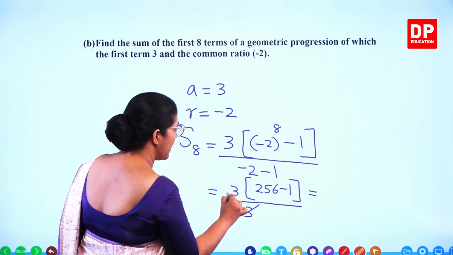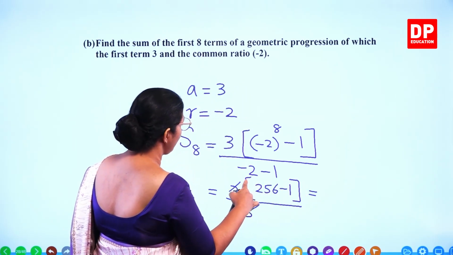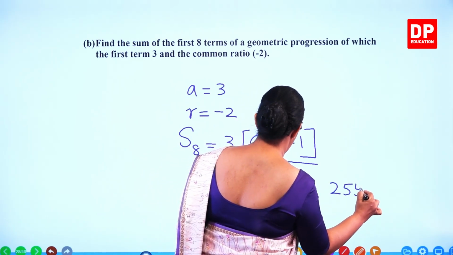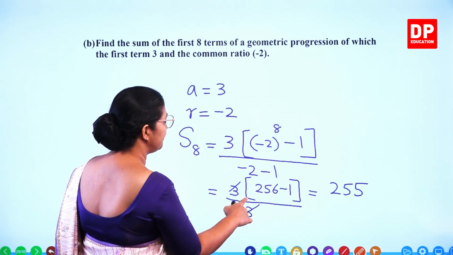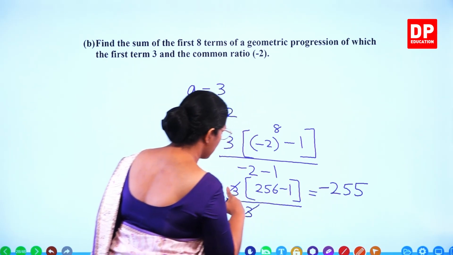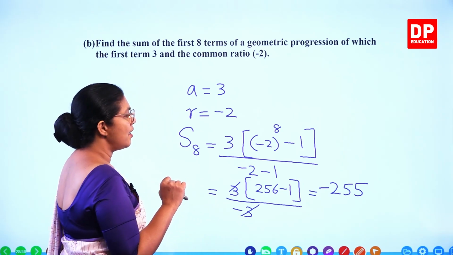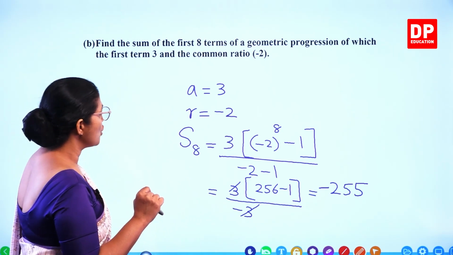So 3 and 3 get cancelled out. Here you get another minus sign, so minus 255 is the sum of 8 terms for this progression.